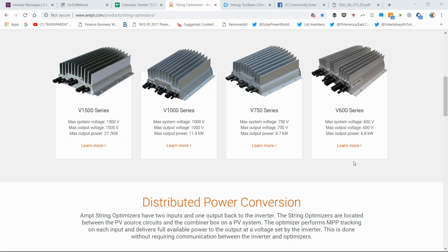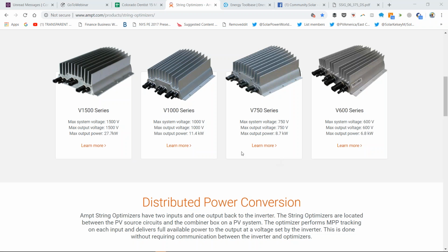And so if you're installing a higher voltage lithium ion battery, there are products out there to deliver a constant regulated voltage from your solar array to the battery on the DC side. So it's not that DC coupling is impossible on commercial battery banks.